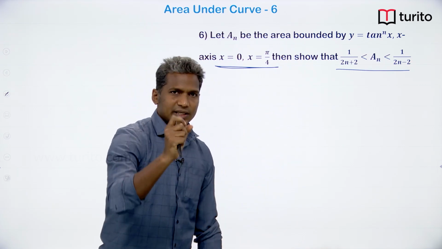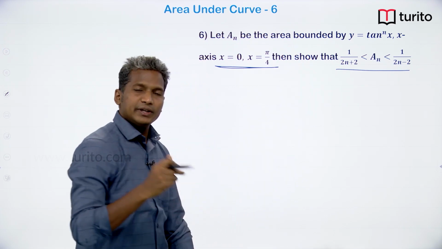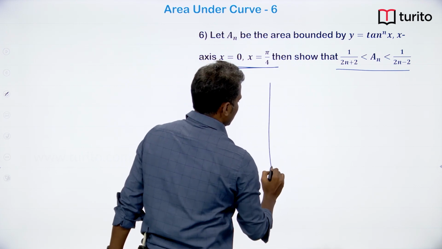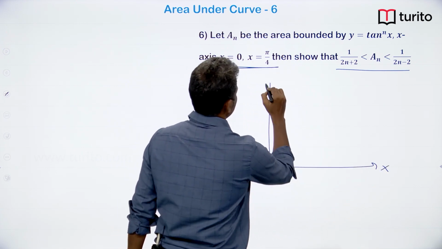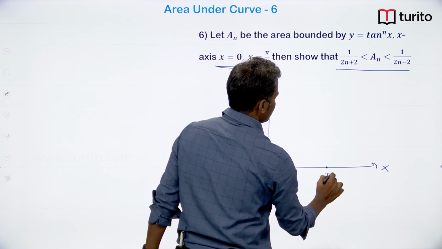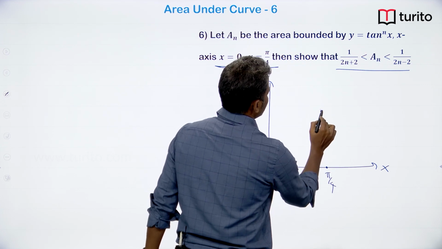So we will start with, let us say, the tan x function. If I draw the graph of tan x between 0 and pi by 4, then what will be the graph? Let us take this as the x axis, this as the y axis. Let us say this is 0, this is pi by 4, and at pi by 4 the value is going to be 1.